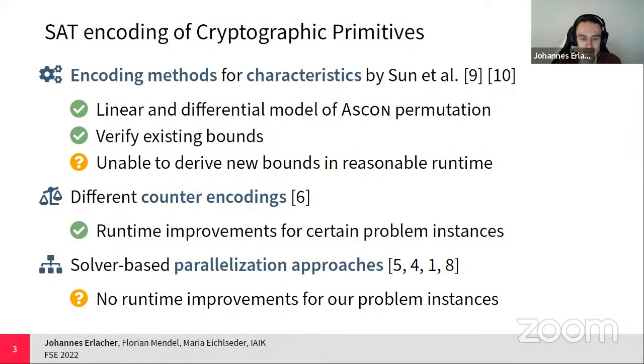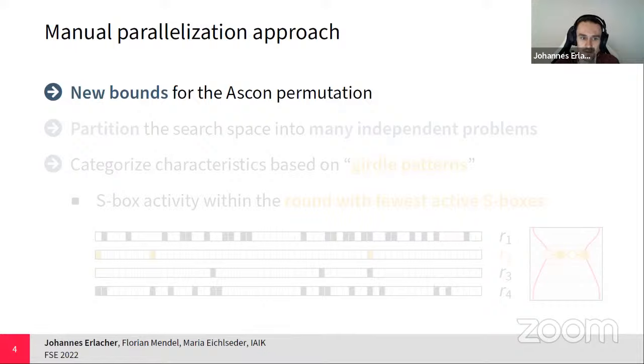Finally, I also want to mention that there are generalized parallelization approaches utilizing multiple SAT solver instances in parallel to solve a single SAT problem. We looked into some of these approaches as well, but unfortunately did not see any runtime improvements for our specific case. Therefore, we propose a new manual parallelization approach with the goal of proving new bounds for the ASCON permutation.